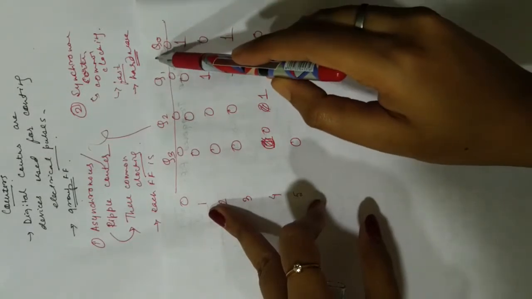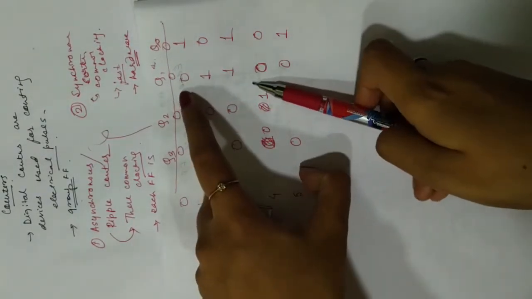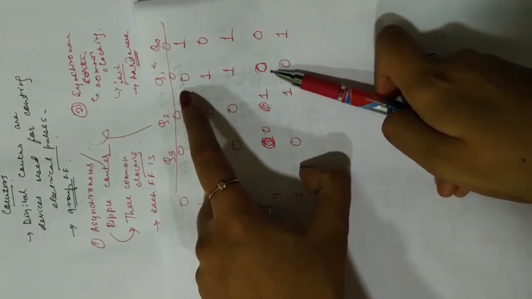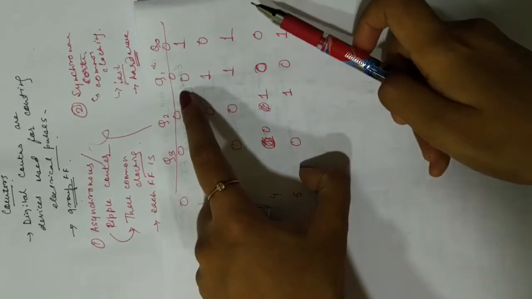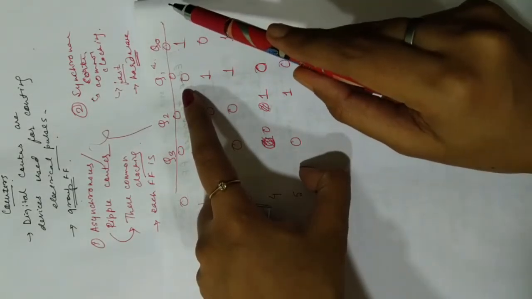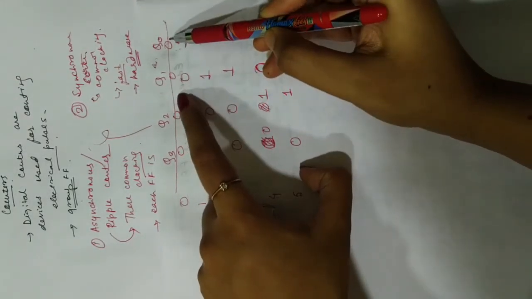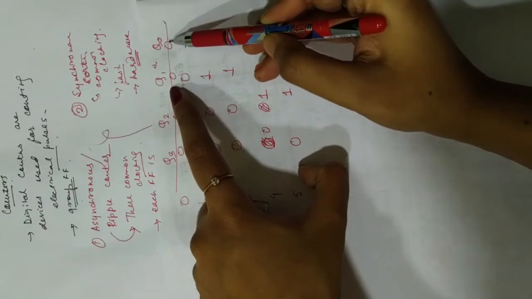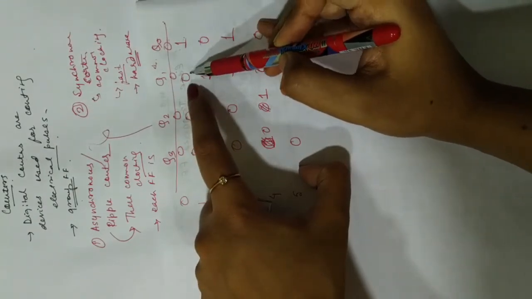Now coming on to the second least significant bit, it is not changing as fast as Q0. It is only changing when the previous bit, that is Q0, changes from 1 to 0. See over here, we have a 0, then Q0 changes from 0 to 1, we still have a 0.